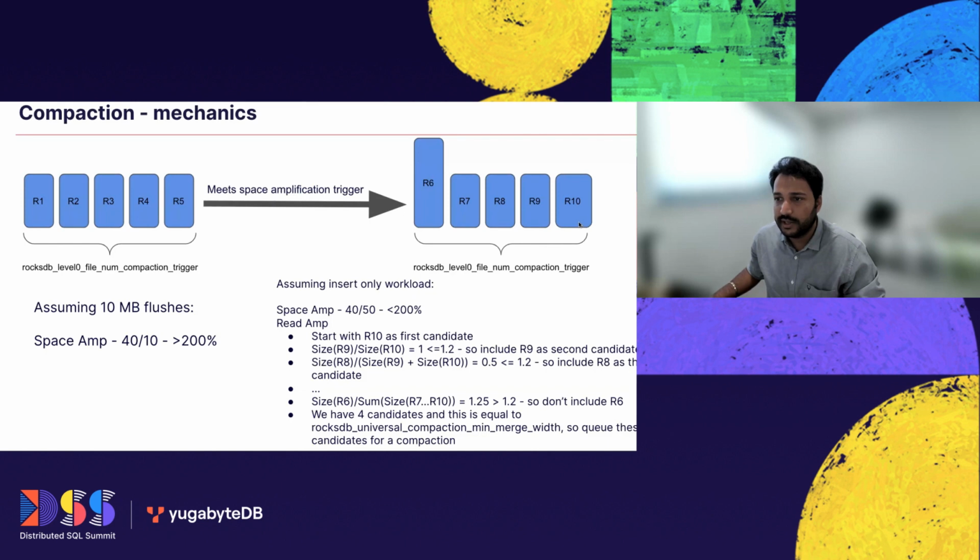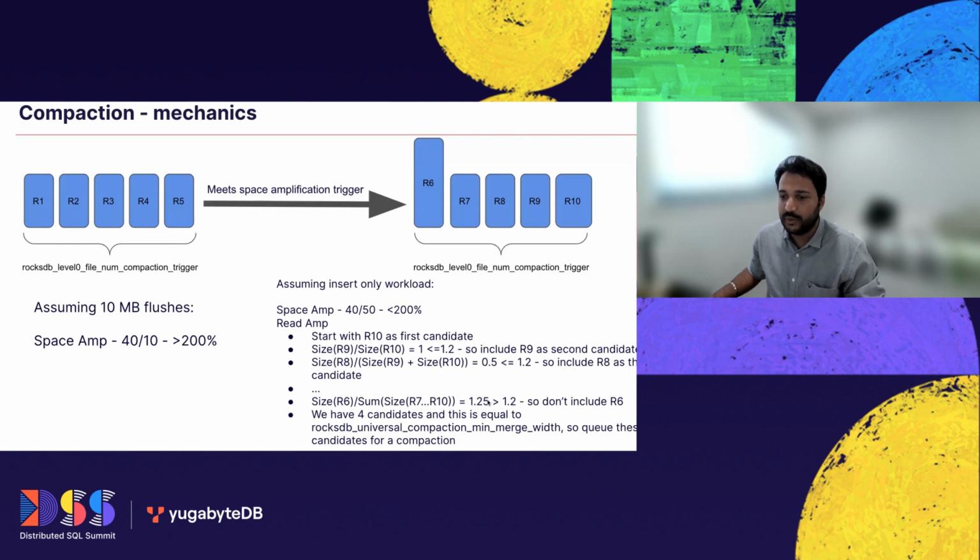It starts with R10 as the first candidate file divided by the size of R9. They are both equal, so the ratio is 1, which is less than 1.2, so it moves on. Then it takes these two, so 10 plus 10 is 20 divided by R8. 20 by 10 is 2, which is greater than 1.2, so it moves on, and so on and so forth until it gets to the last one.